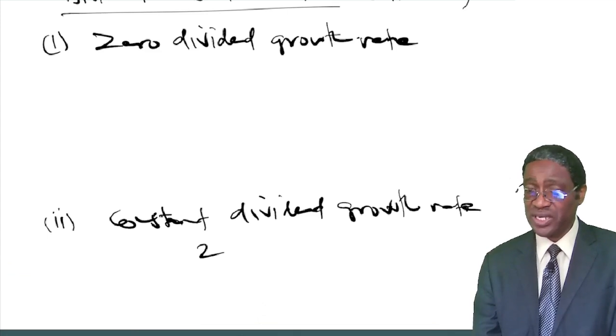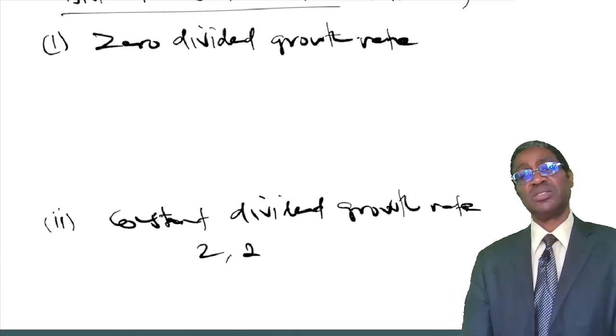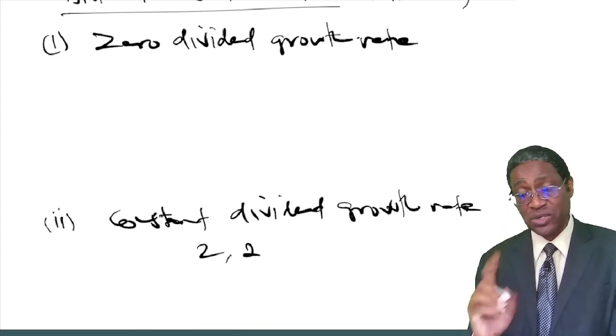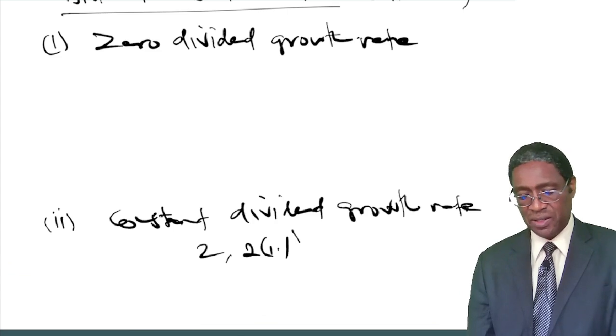So let's say 10%, in the following year it will be 2 plus 10% of it. That would mean 2 times 1.1.